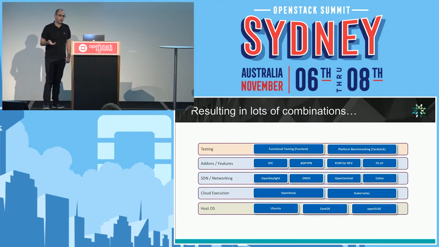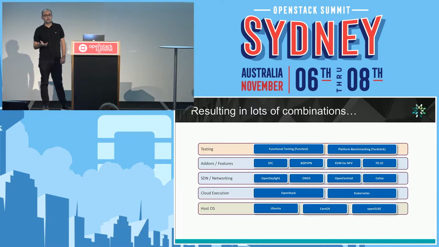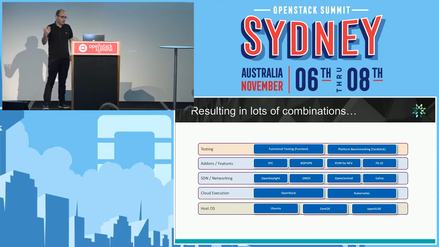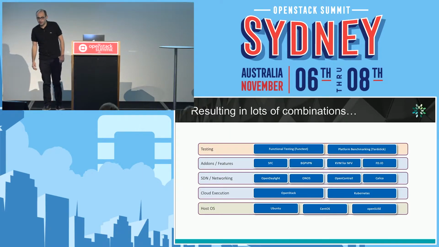For example, during our last release, we had more than 50 different combinations. Because we have 5 different installers, they either need Ubuntu, CentOS, or OpenSUSE, then they support OpenStack or Kubernetes, and then they support different SDN controllers. So it's exponential growth in the number of scenarios.